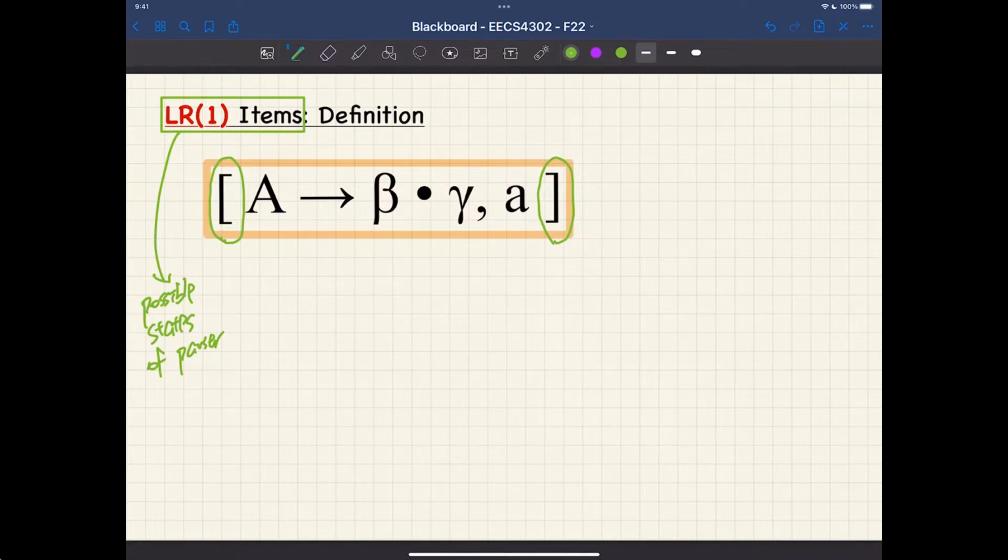Okay? And let's look at more detail. Number 1, you can see the first component over here is about some reduction rule. This is a reduction rule or production rule. I think production rule is the right term, because we talk about different alternatives for the reduction. So this will be a production rule.